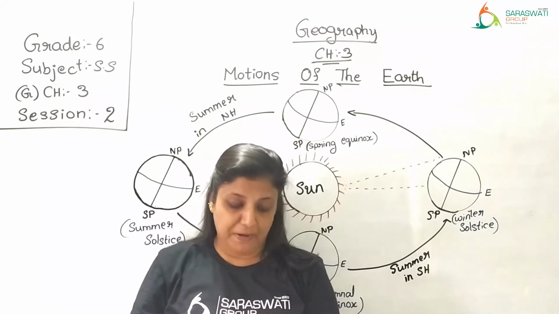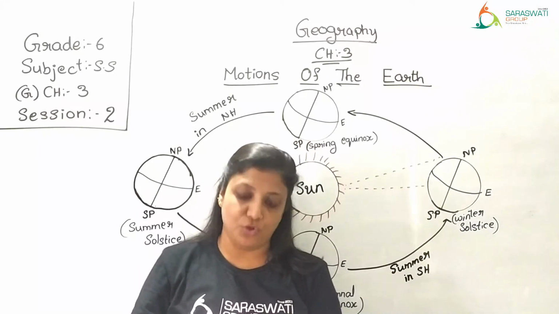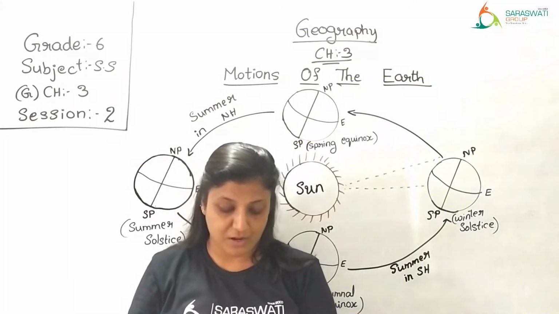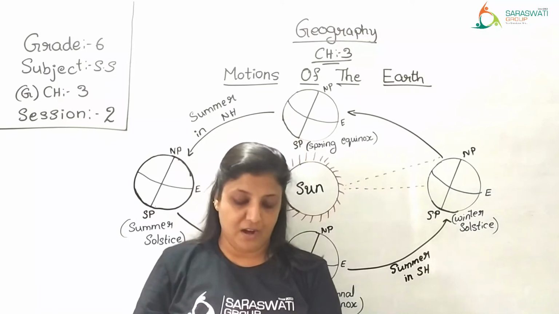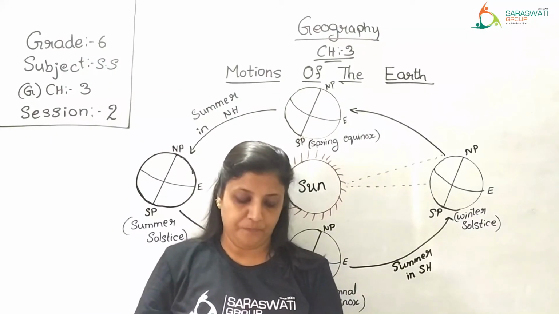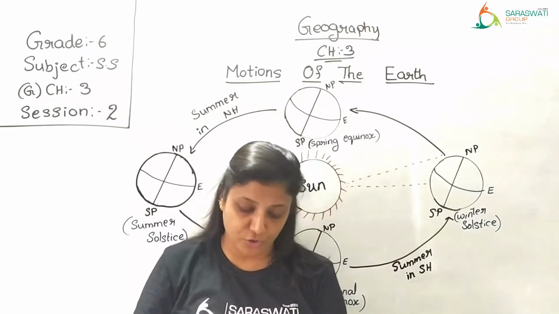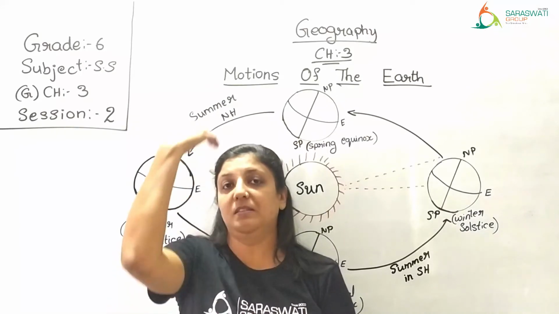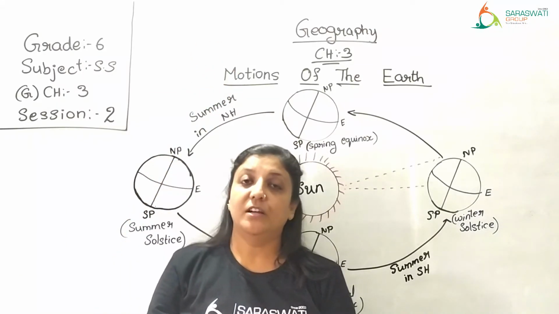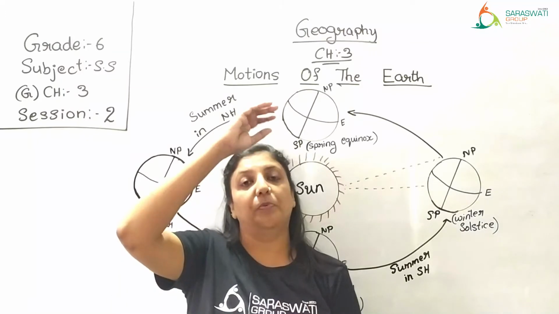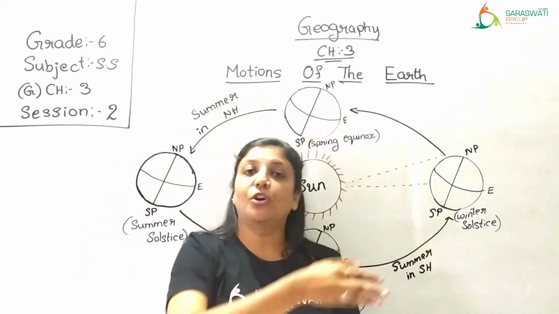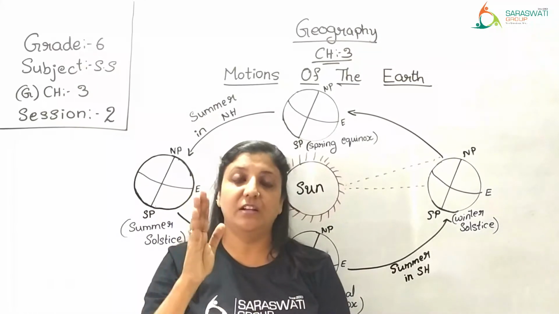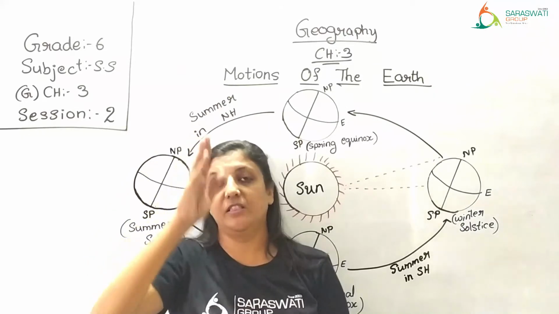So, only places situated in the tropical zone, that is between the Tropic of Cancer and the Tropic of Capricorn, can see the noon sun directly overhead. Places situated beyond the two tropics can never see the sun directly overhead. After you cross the Tropic of Cancer in the north, you will never see the sun exactly over your head at noon.